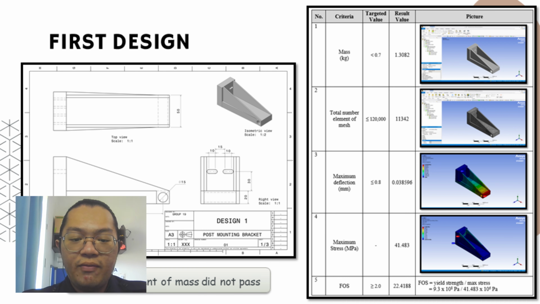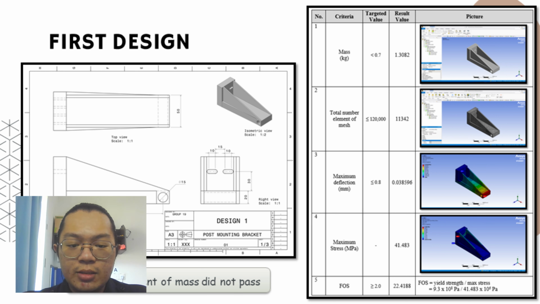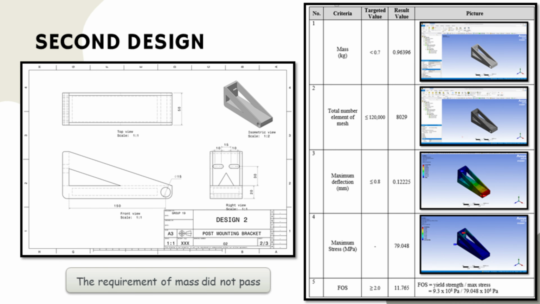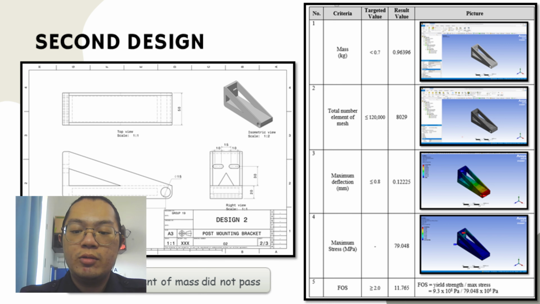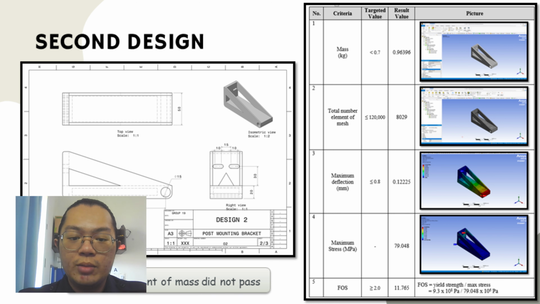Moving to our first design, it was inspired by a load hanger design. The first design met all the project requirements, but it fell short in terms of weight. To address this, we decided to reduce the weight by hollowing out the bar. This successfully achieved a weight reduction without significantly affecting the other requirements.